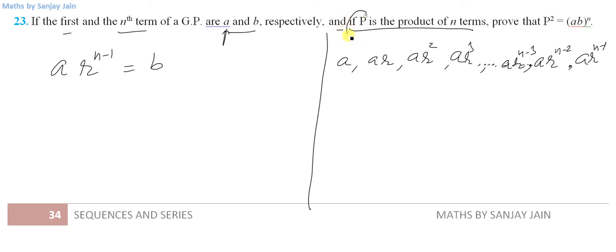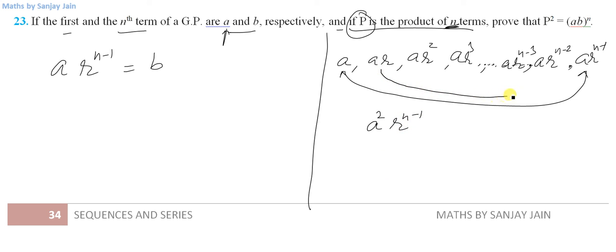P is the product of n terms. So if you notice, what will this product be like? If you multiply the first term and the nth term, the product you will have is a squared r raised to power n minus 1.